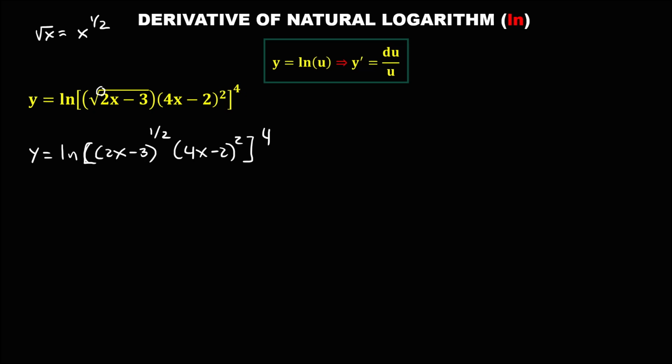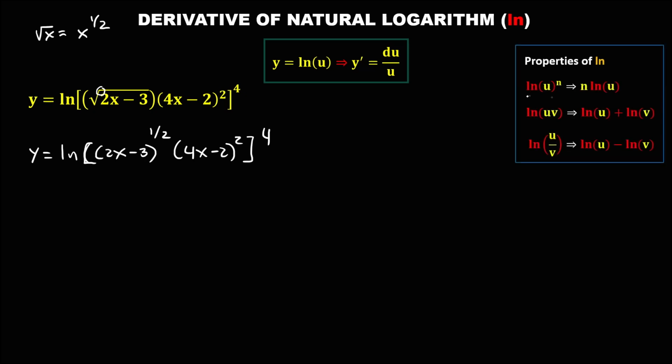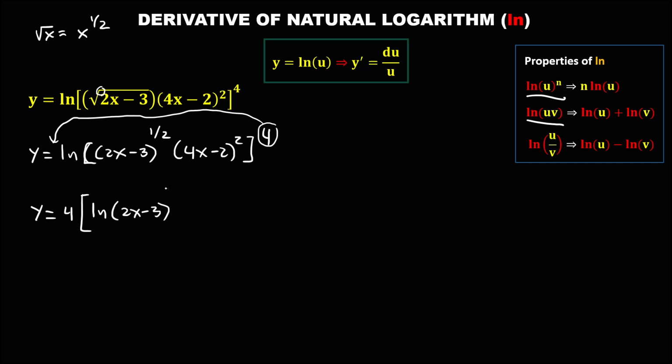Then using the power property and the product property, this becomes y equals, put this exponent 4 before ln, so we have 4 times ln of 2x minus 3 to the power 1 half, and for the product property that's plus ln of 4x minus 2 to the power 2.